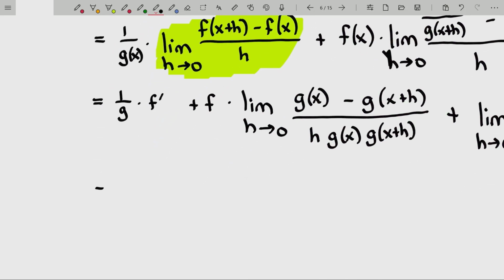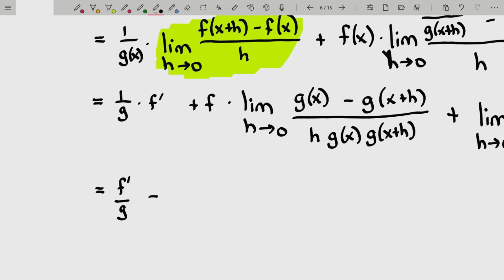All right, so this is going to be f prime over g. I'll just write that. Plus, nope, not plus. What I'm going to do is factor a negative out of this numerator right here so that I can write it as g of x plus h minus g of x. So I'm going to factor out a negative.